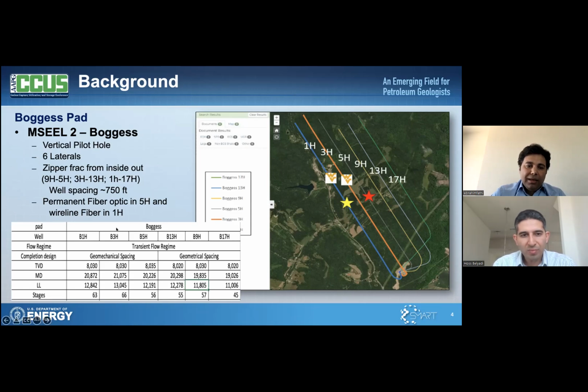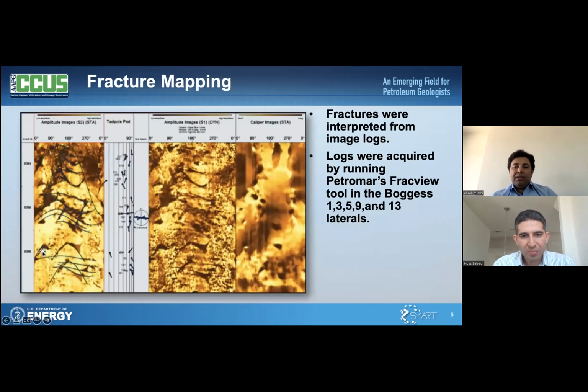And then we did have the PetroMars FracView tool, which we ran through all the logs, all the wells, except the 17H. These are basically acoustic image logs, where this is the interpreted log, and these are the raw information. Whoever is doing the interpretation has to go through this log and try to find these sigmoids, which are shown in this figure.